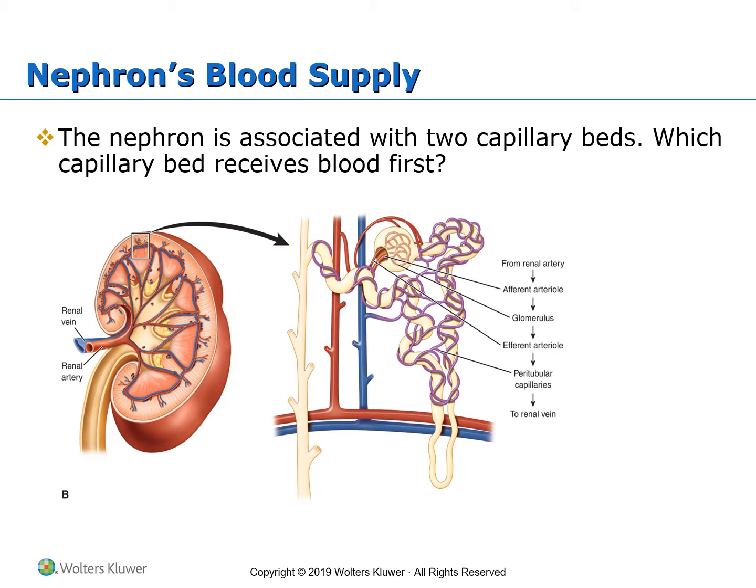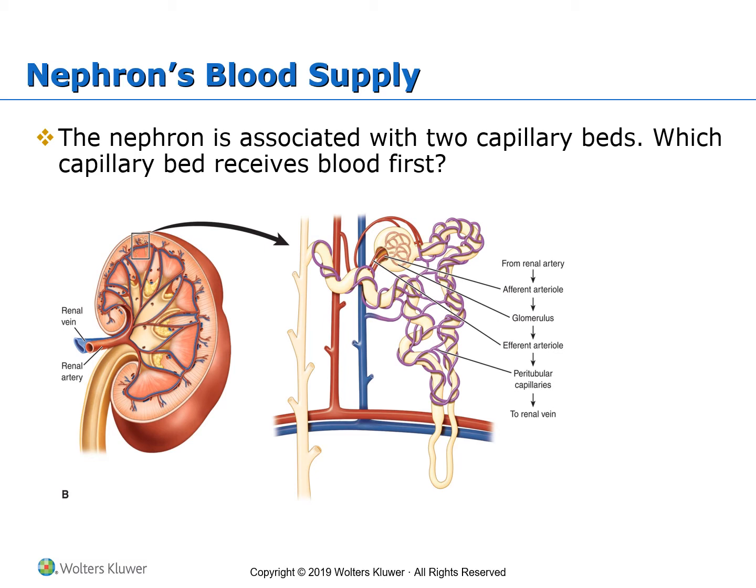Once it branches out, it branches in again and forms what is called an efferent arteriole, which comes out of the glomerulus. Once it leaves the capsule, it does not go back to the heart immediately. Instead, it branches out again and flows into a capillary network that surrounds the renal tubule, forming what are called peritubular capillaries.